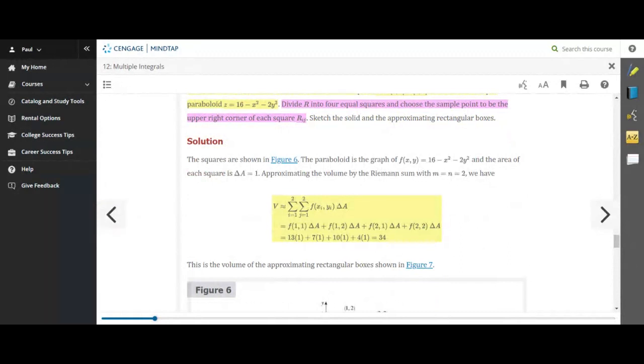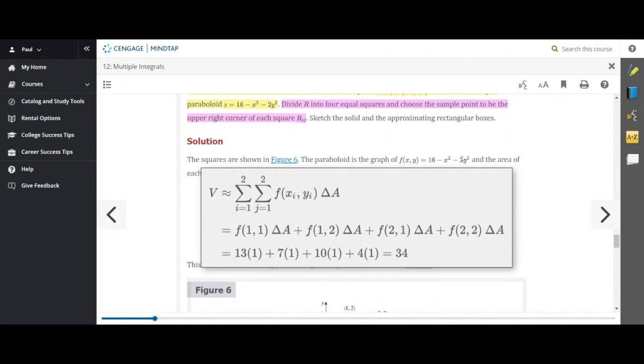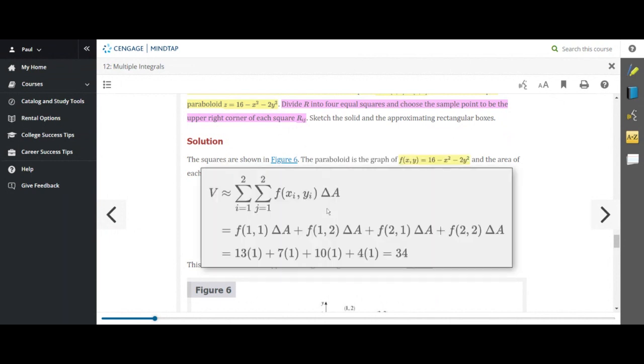Those are the points. And so you just go ahead and compute it out. For instance, f of 1, 1 is 13, because 16 minus 1 squared minus 2 times 1 squared. Let's keep in mind what we have here. So your function is 16 minus x squared minus 2y squared.